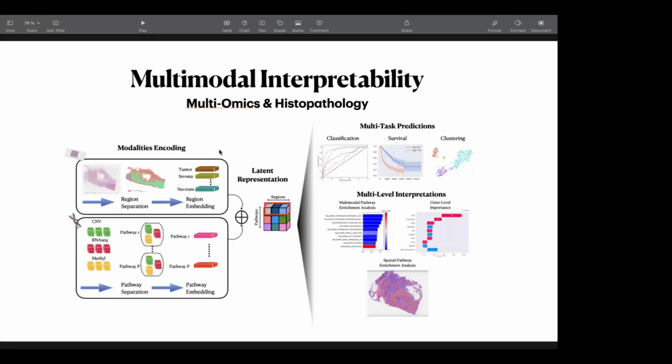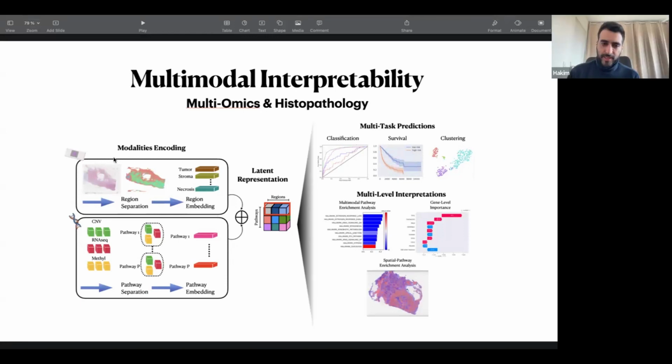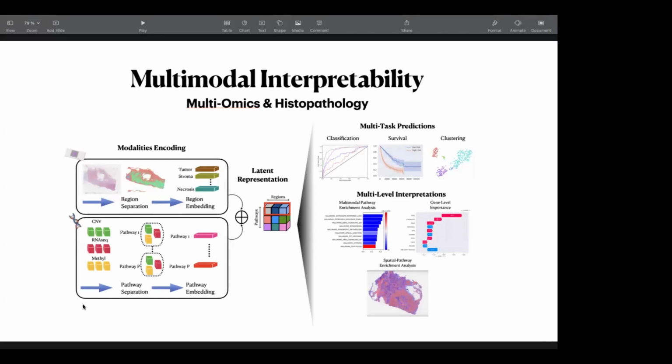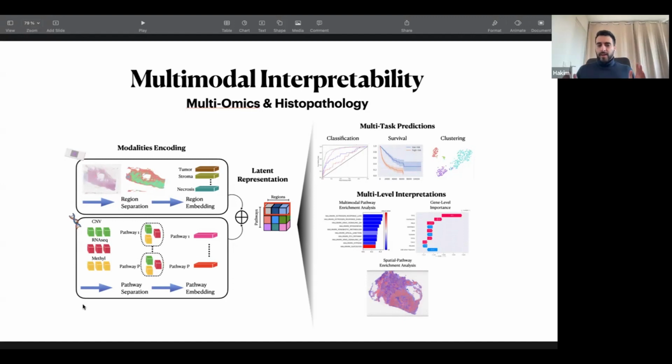In this case, you're using regions for the image and pathways for the other modalities. If you want to represent a pathway or a tumor region with an embedding, how does your model learn the features that are extracted in that embedding? Okay, you mean in the first part, the modality encoding? Yeah.